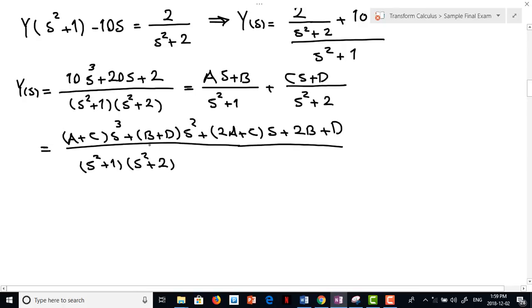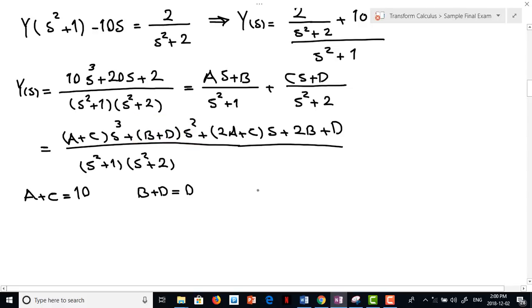Now we look at the coefficients of s to the power of 3, s to the power of 2, s, and s to the power of 0 on the right hand side and the left hand side of the equation. For the coefficient of s to the power of 3, you have a plus c on the right hand side, and on the left hand side you have 10. For s to the power of 2, on the right hand side you have b plus d, and on the left hand side you have 0.